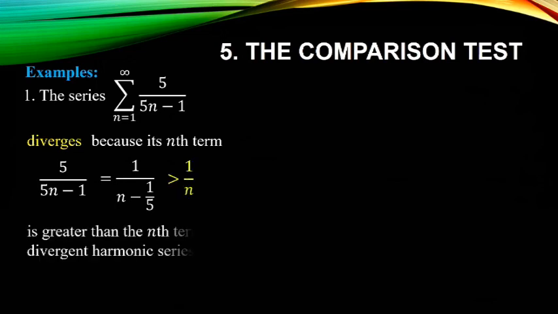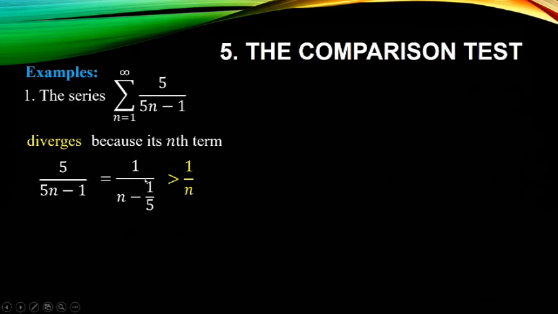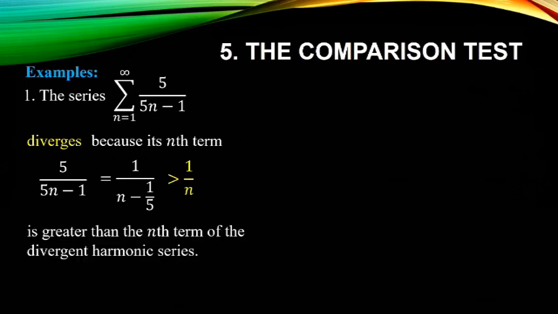We can verify that it is larger because the denominator is lesser. The smaller the denominator, the larger the value of the whole fraction. It is greater than the nth term of the divergent harmonic series. So 1 over n is the nth term of the harmonic series, which is divergent. Since this is larger than the divergent harmonic series, it is also divergent.